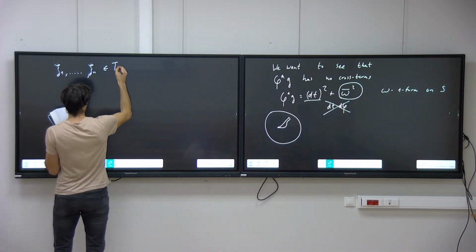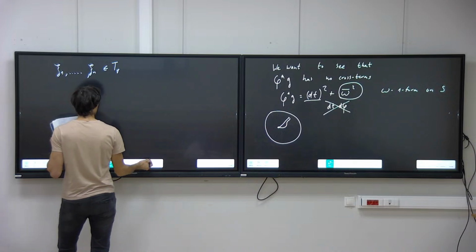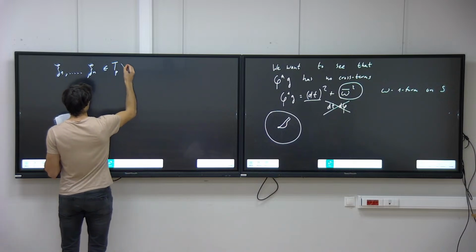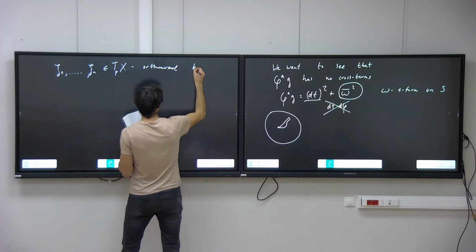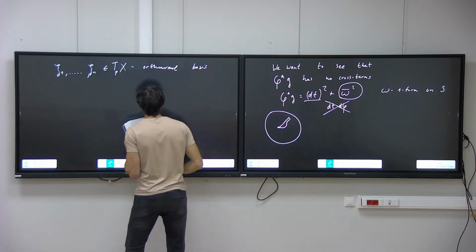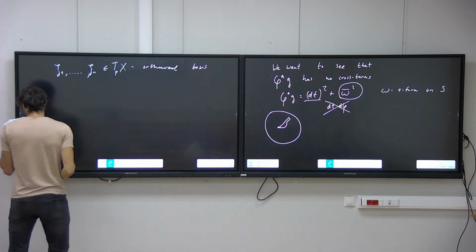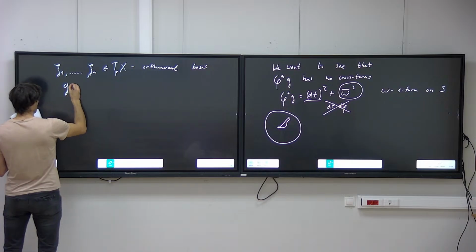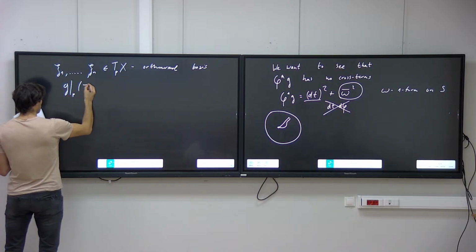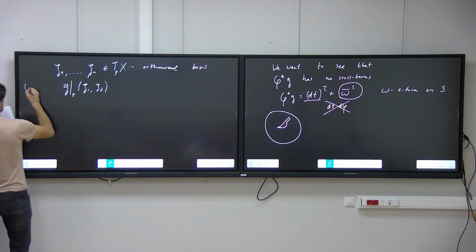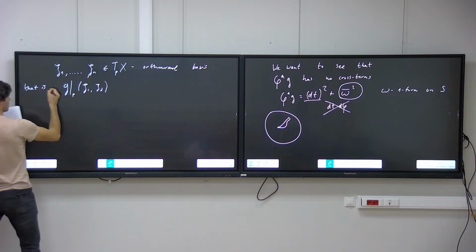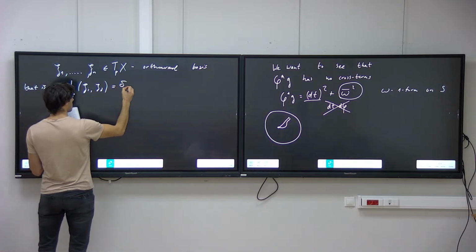So this is in T_P X, an orthonormal basis, meaning that if I take g at P applied to psi_i, psi_j, that is just delta_ij.